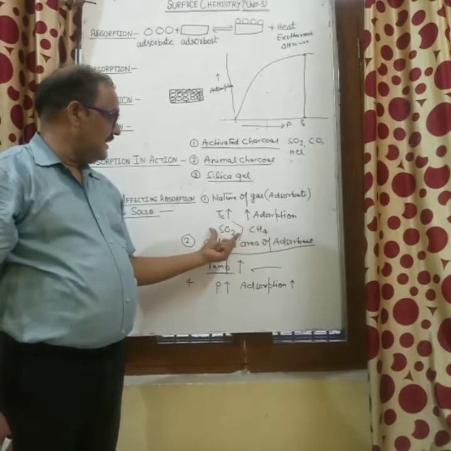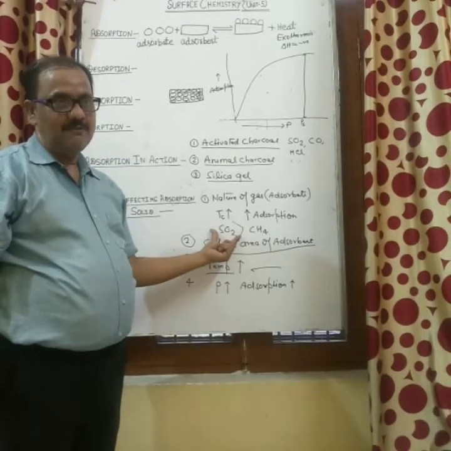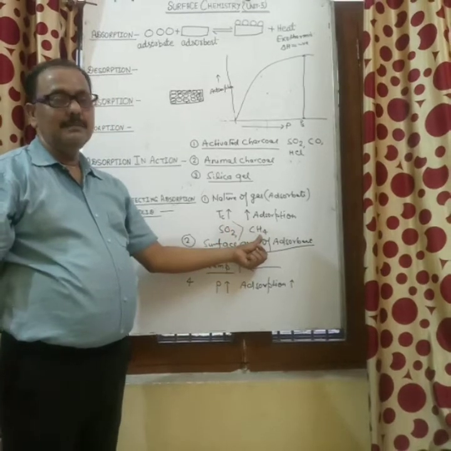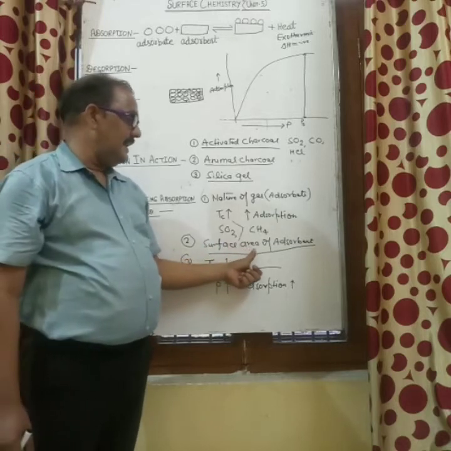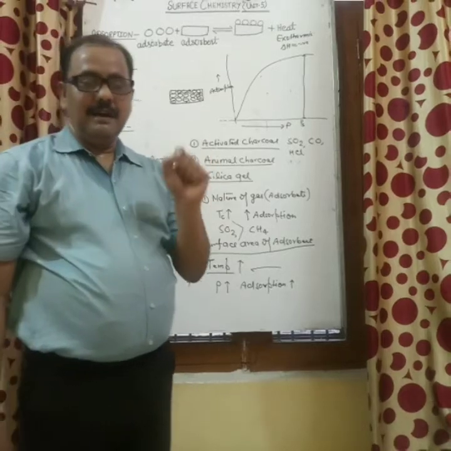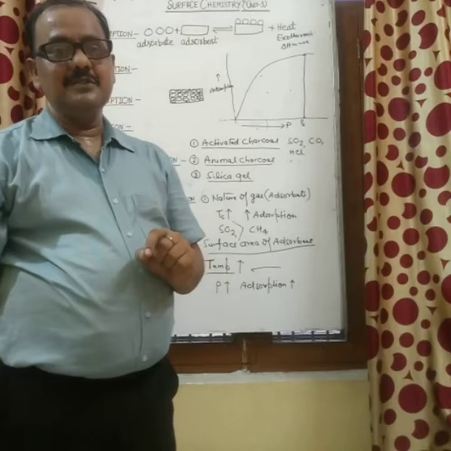It means sulfur dioxide easily adsorbs on the surface of the adsorbent as compared to methane. Next factor is surface area of the adsorbent. Simply, larger the surface area, greater will be the adsorption.